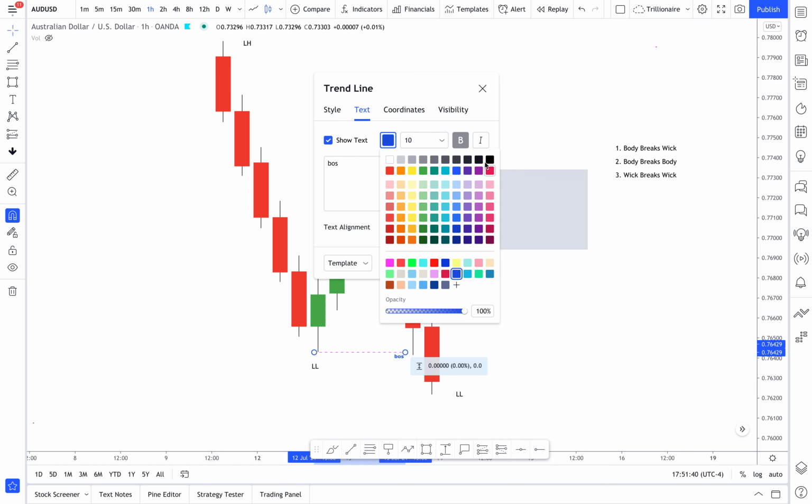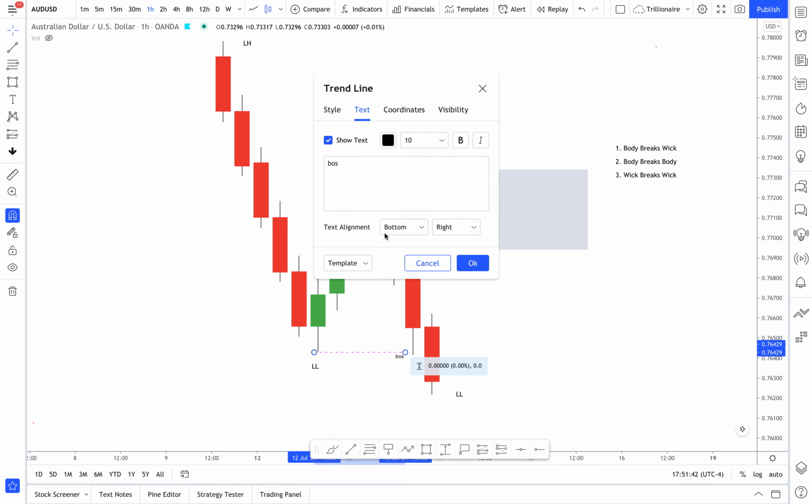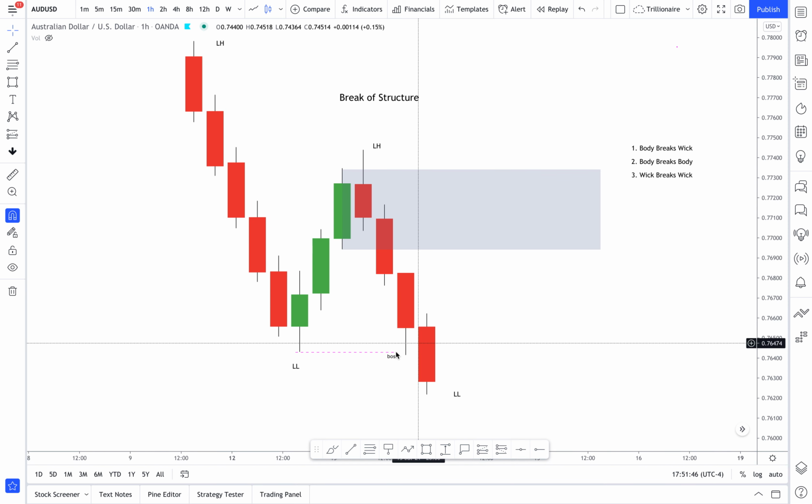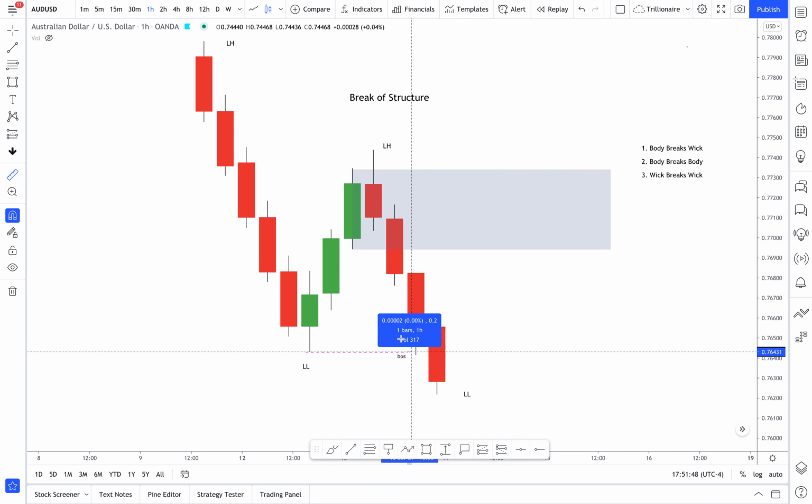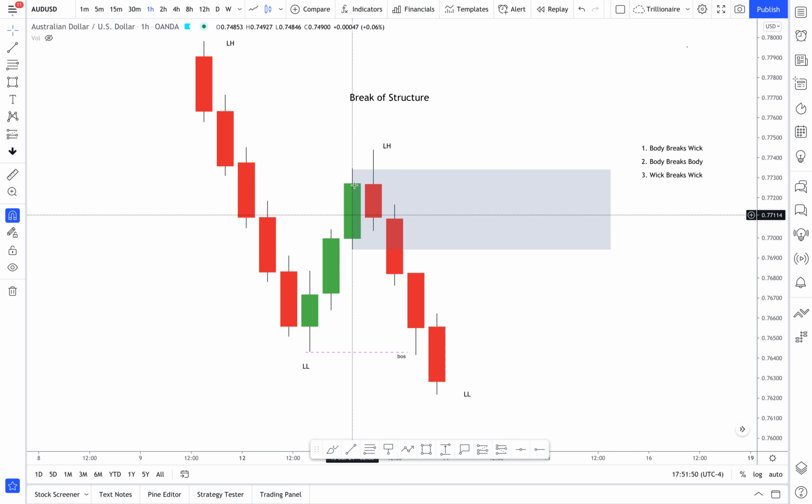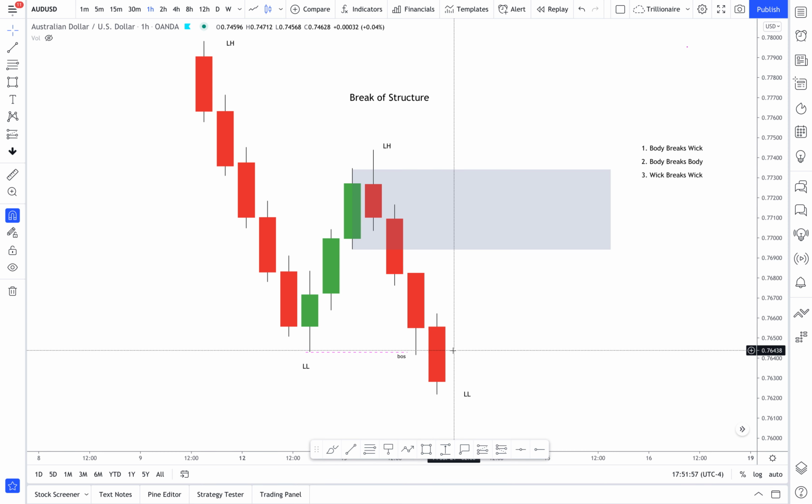Let's make this black, turn off bold, and put it right there. We would use this as an order block right here, because this is the last up candle before the down move with the liquidity void.